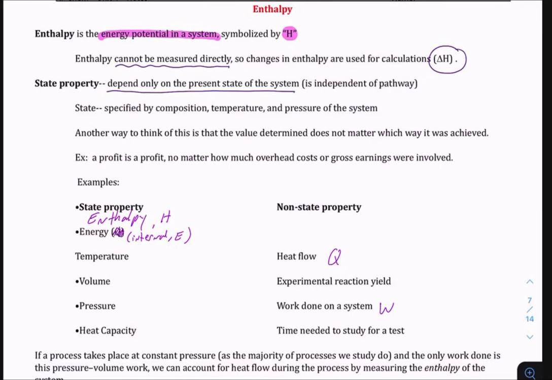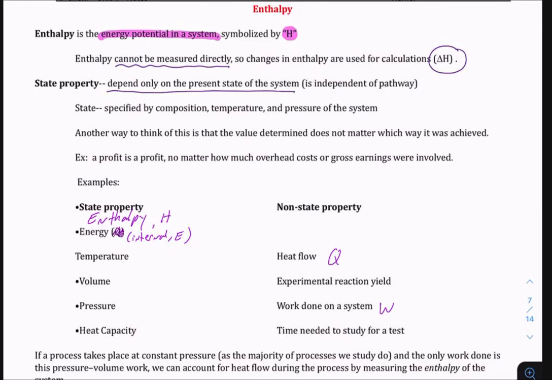Okay. Profit is a state property. I could be a multi-million-dollar tech company, and I could spend $1 million, and my gross earnings that year could be $1,000,030. Well, $1,000,030 minus $1 million is $30. I could have profited $30. It doesn't matter how you achieved the value. It just matters what the value is.